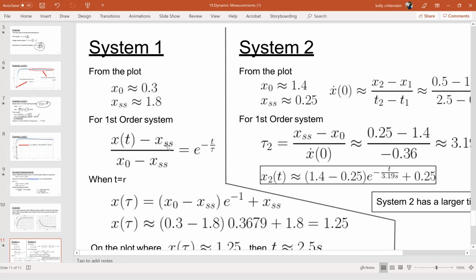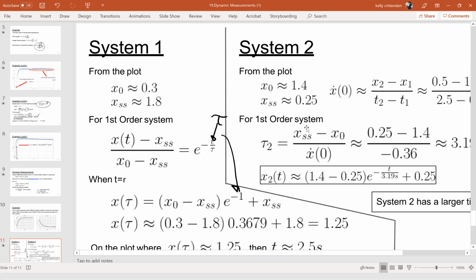So the steady state value goes in as 1.8. The initial value goes in at 0.3. E to the -1, because we put in tau right there, and we end up with negative tau over tau, so that is -1.